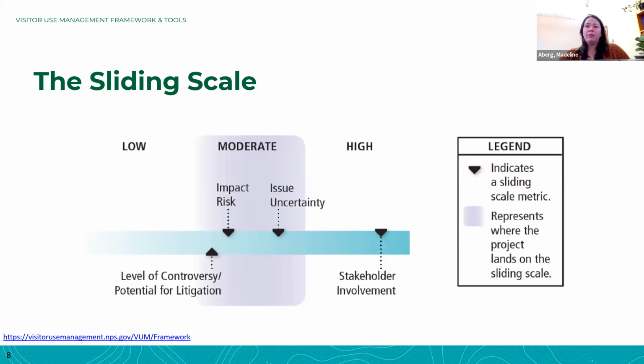And ultimately, the reason that it's called a sliding scale is that you're going to scale your level of effort, data collection, and analysis to the nature and magnitude of the problem you're trying to address. And this is a really key concept in the framework to help make data collection and visitor use monitoring more efficient and better scaled to the resources available as well.